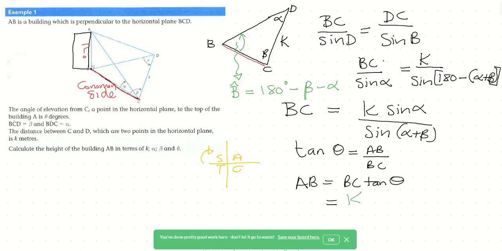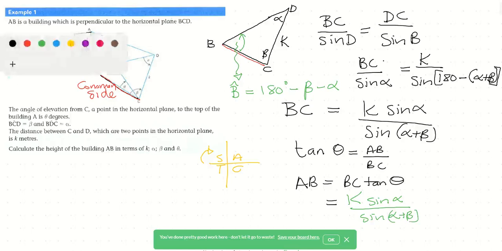BC is K sine alpha all over sine of alpha plus beta, and we're going to times it with tan theta. And you can just leave it as that. So that's your answer. There you found AB in terms of alpha, beta, theta, and K.